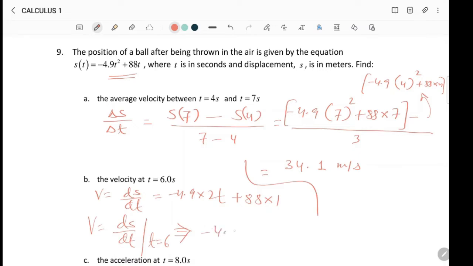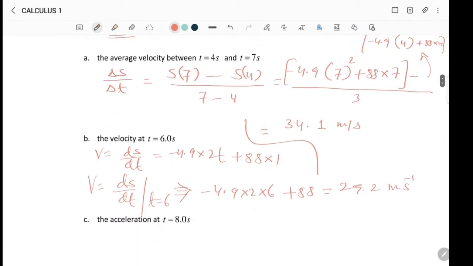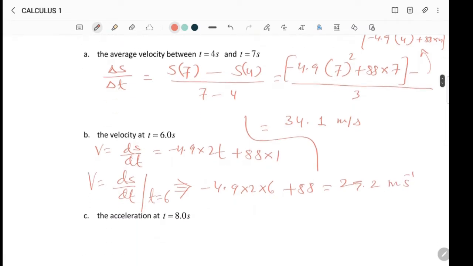So just put minus 4.9 times 2 times 6 plus 88, right? The answer is 29.2 meters per second.